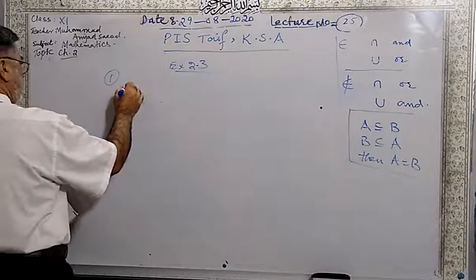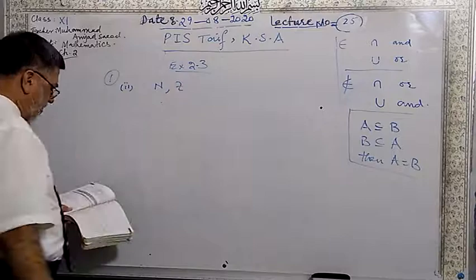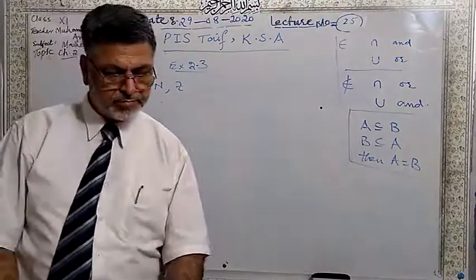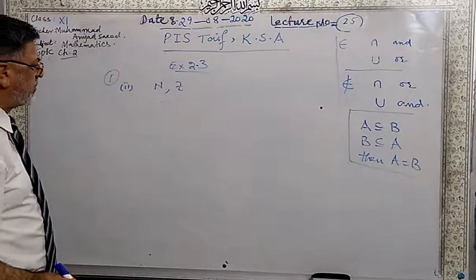For example, part number 2 is N and Z. N is the set of natural numbers, Z is the set of integers.